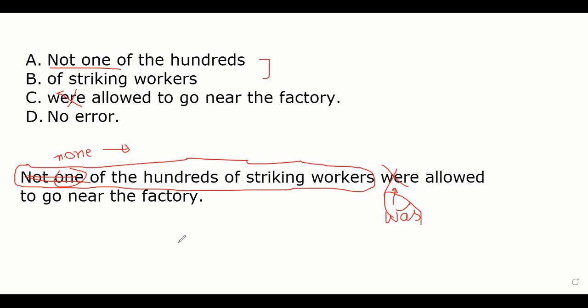I feel it's correct because if I replace the hundreds of striking workers with them, none of them were allowed to go near the factory.